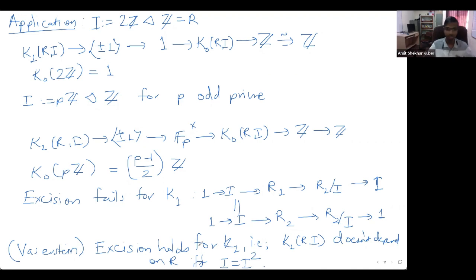Okay, so this is my stopping point, that for K1 excision fails. However, we have a nice 6-term long exact sequence. Next time, I'm going to show you that this sequence can be extended on the left with 3 more terms and on the right with infinitely many terms. So I will discuss K2 and negative K theory next time.